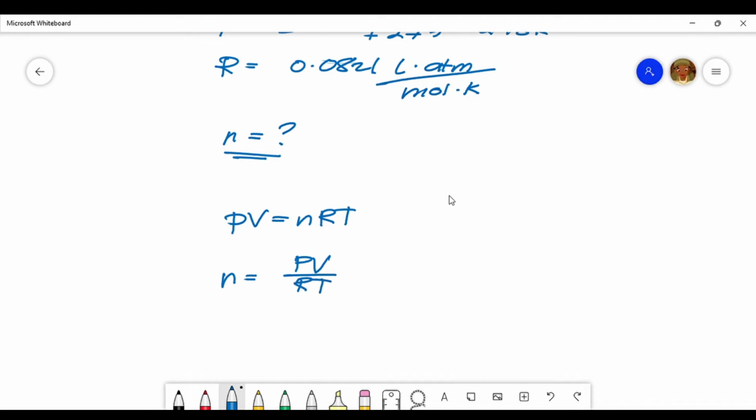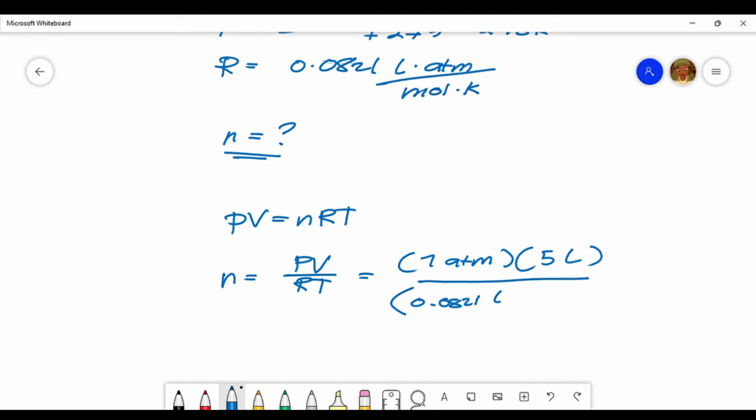The pressure is 1 atm, the volume is 5 liters, R is 0.0821 L atm over mole Kelvin, and the temperature is 298 Kelvin.